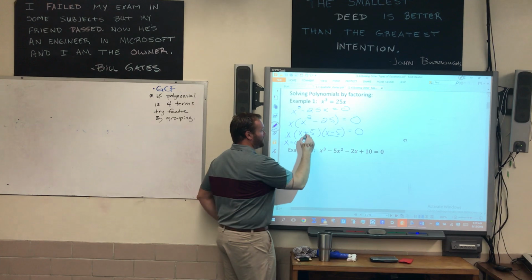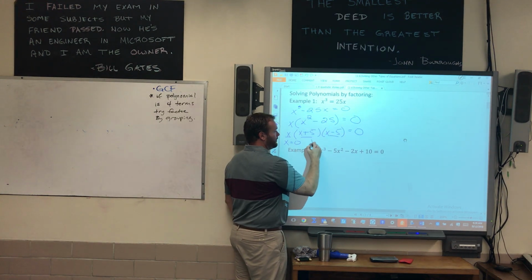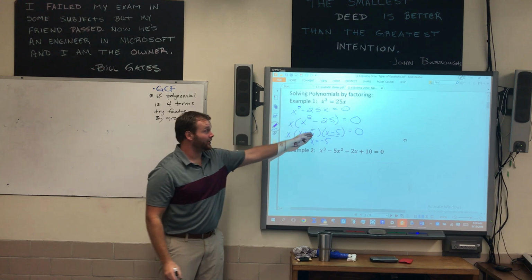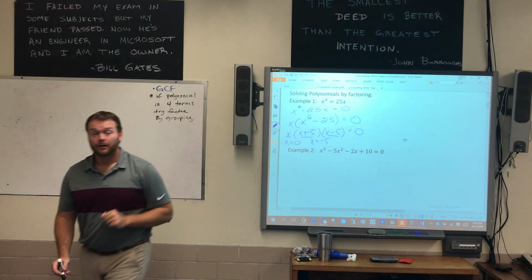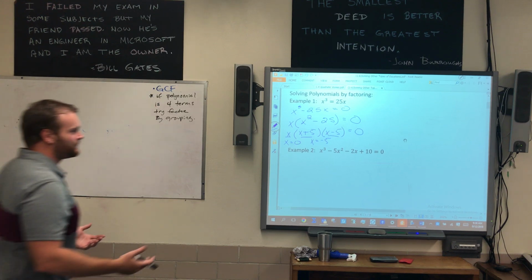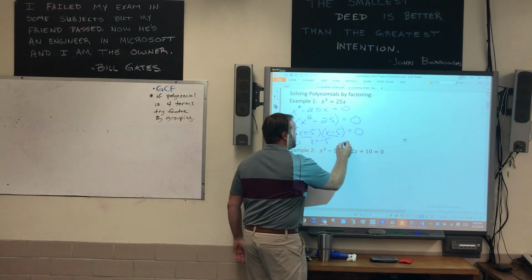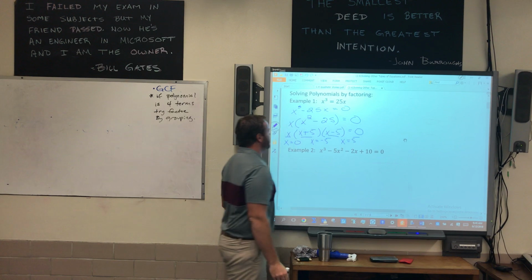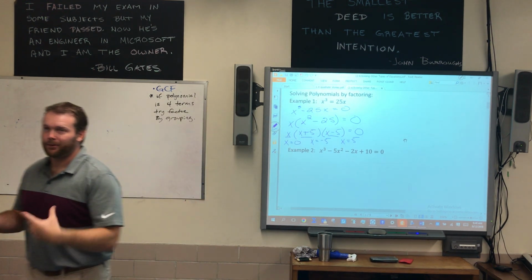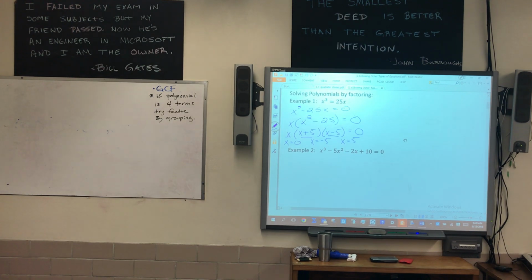This one here is going to give me x equals negative 5. So I can take negative 5, 0, and 5 and multiply them together, and I'm still going to get 0. And the last one, x equals 5, so I can take 5 times negative 5 times 0, and that product is 0. So those are my three solutions for that cubic equation.